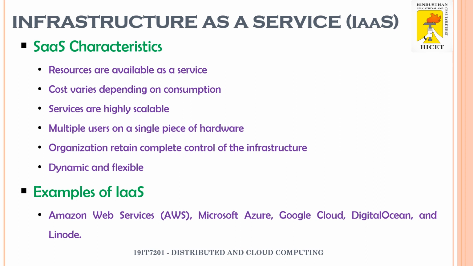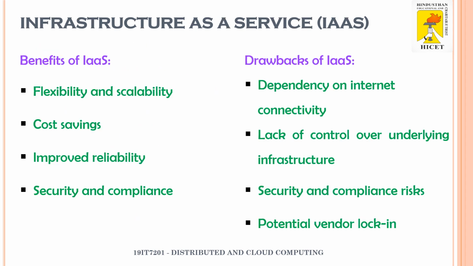The services are highly scalable. Multiple users can access a single piece of hardware. Organizations retain complete control of the infrastructure, and dynamism and flexibility are there. Some examples of infrastructure as a service: Amazon Web Services, Microsoft Azure, Google Cloud, DigitalOcean, and Linode. The benefits of infrastructure as a service are flexibility and scalability.